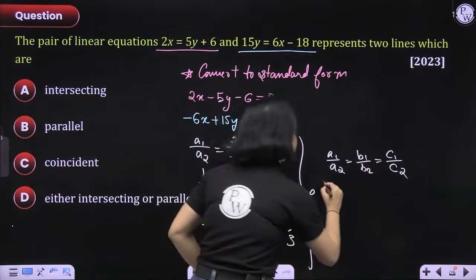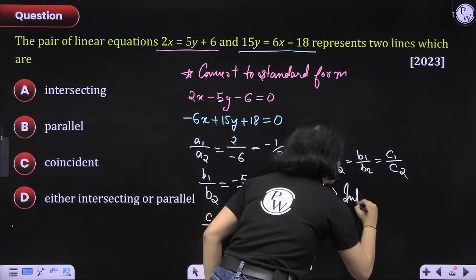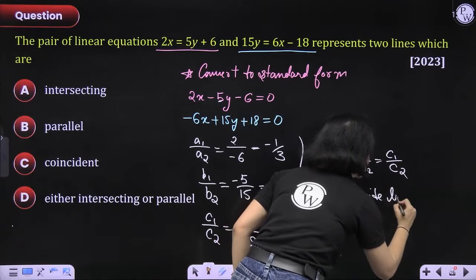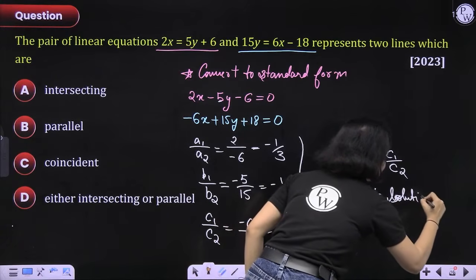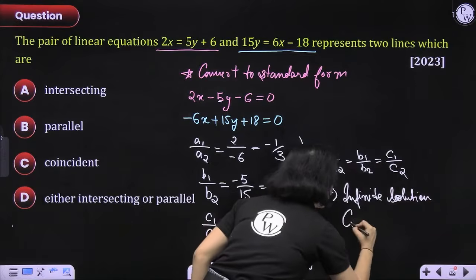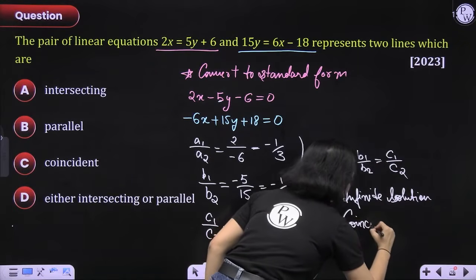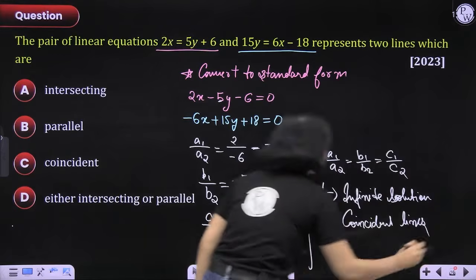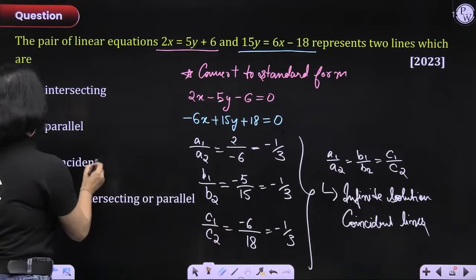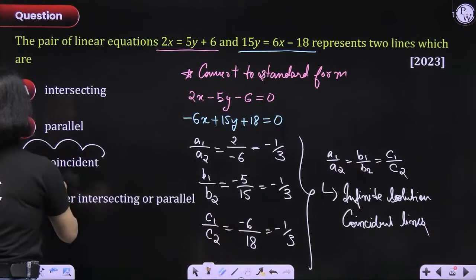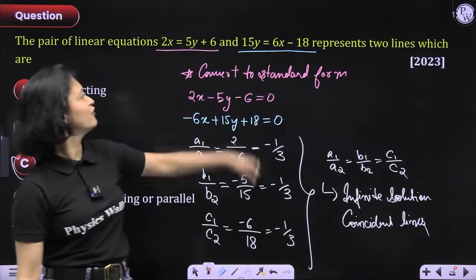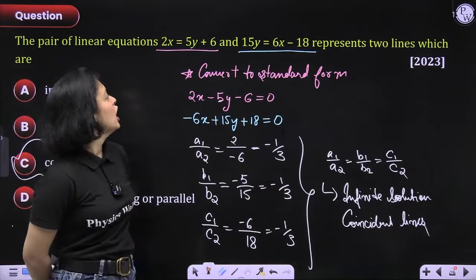Infinite solutions means coincident lines. Coincident lines. Simple, easy. So the answer here is that the lines are coincident, guys. Very easy, right?